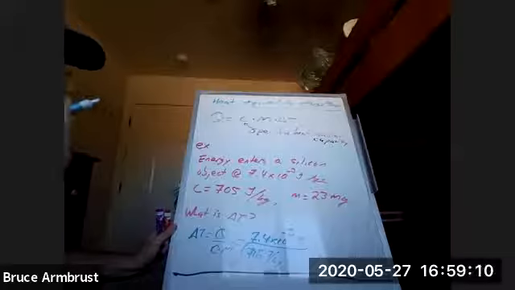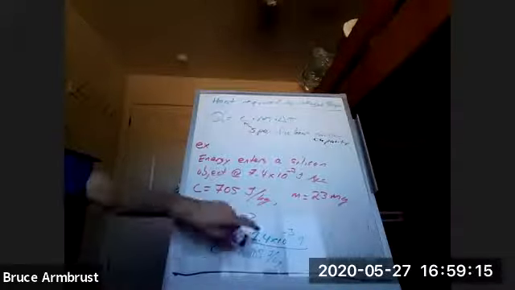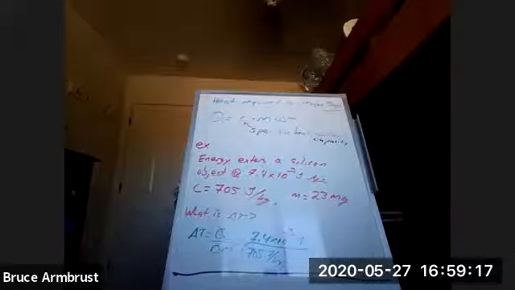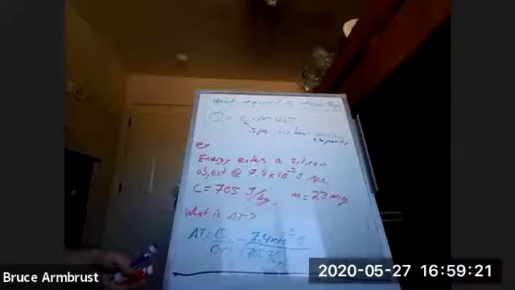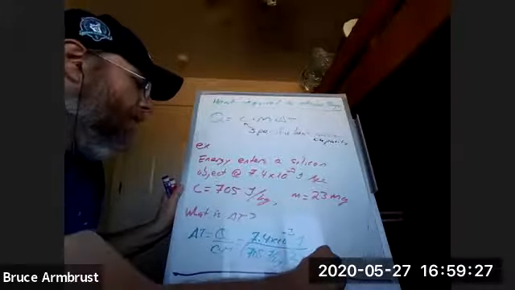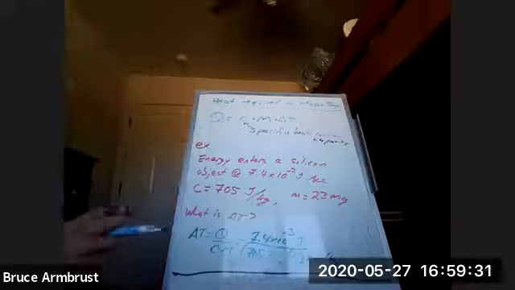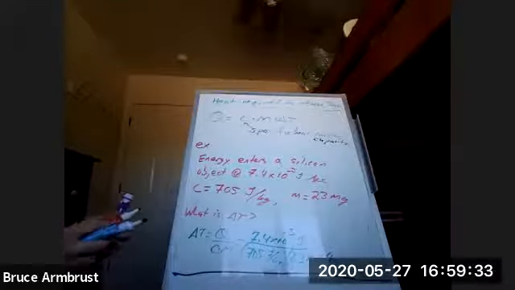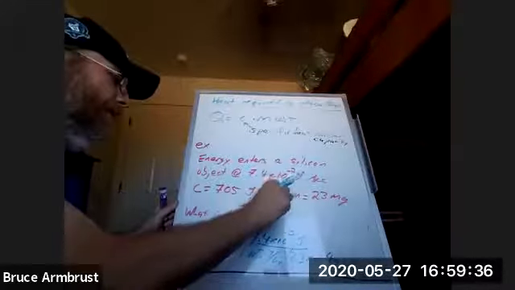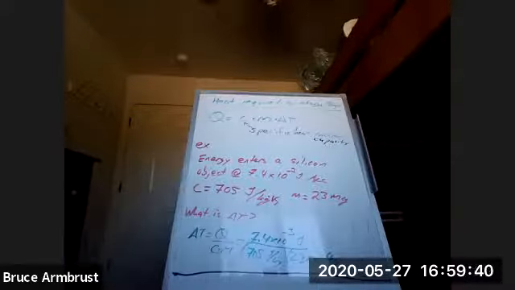And the M, well, we need to change that. So it's 23 milligrams. If we convert that, that's 23 times 10 to the minus 6 kilograms. I forgot to put a Kelvin in here on our C. It's joules per kilogram Kelvin.